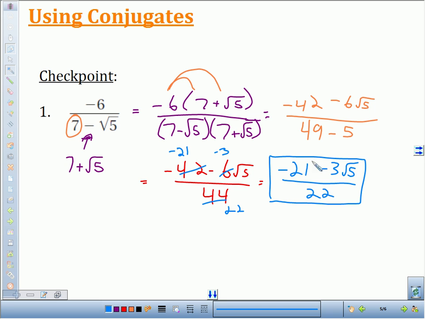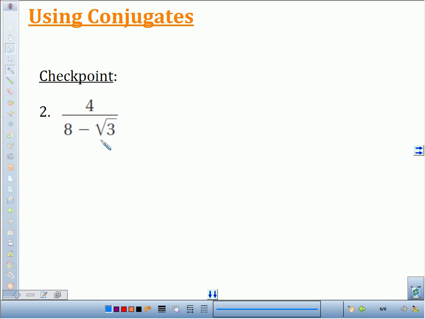Now you notice every single one of my answers should have a regular, plain, single number on the bottom. They are pretty much all also going to have a square root and an expression on the top. This last one is not going to be any exception. We have 4 over 8 minus the square root of 3.